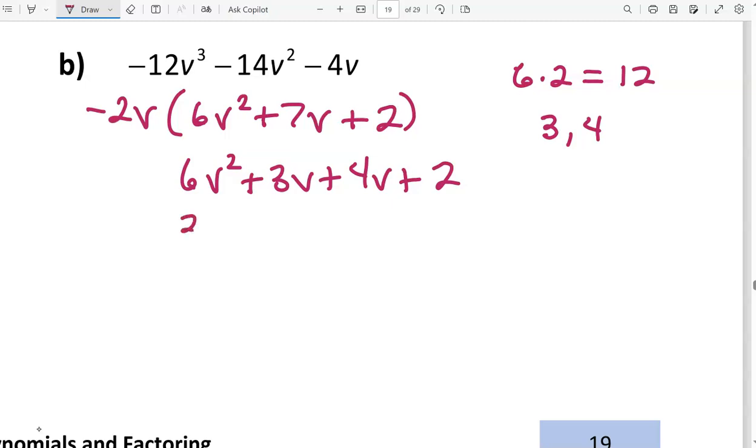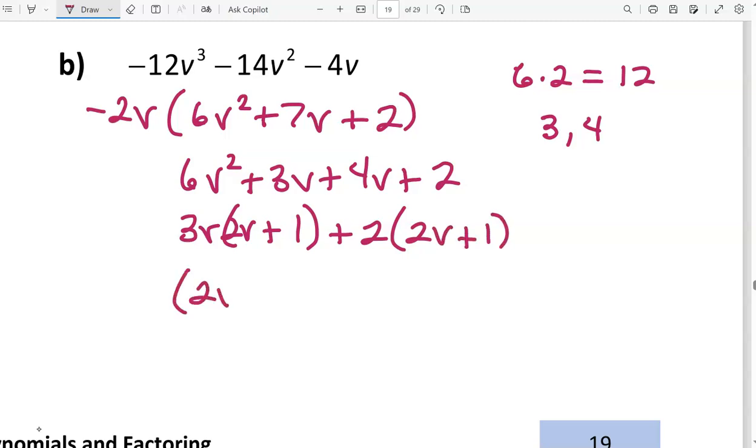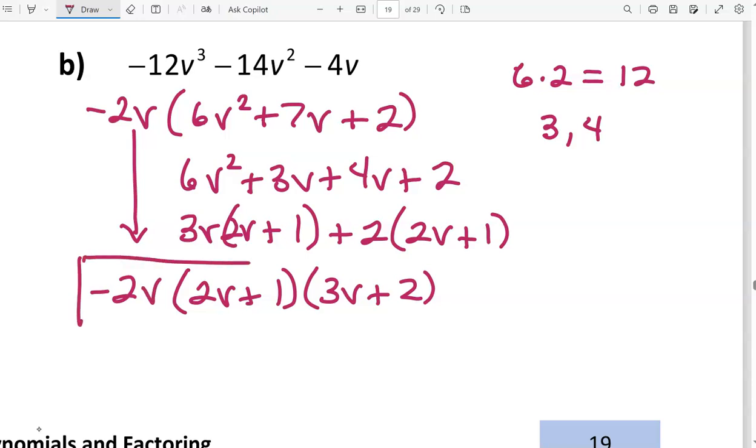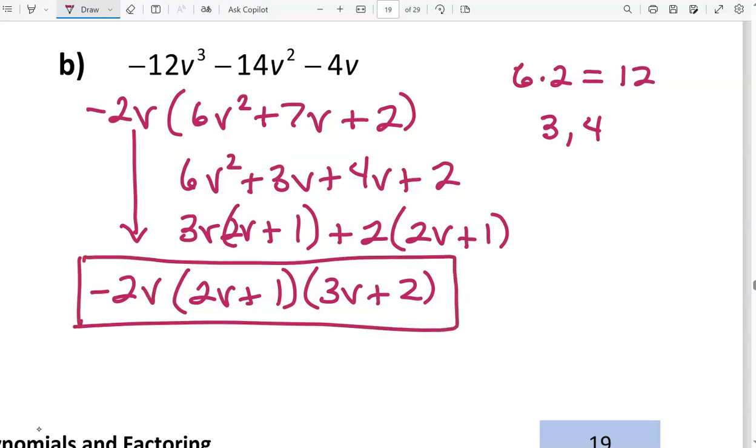And now factor by grouping, 3v times 2v plus 1 plus 2 times 2v plus 1 gives us factors of 2v plus 1 times 3v plus 2. But don't forget about that greatest common factor. Let's bring that down to go with your final answer.